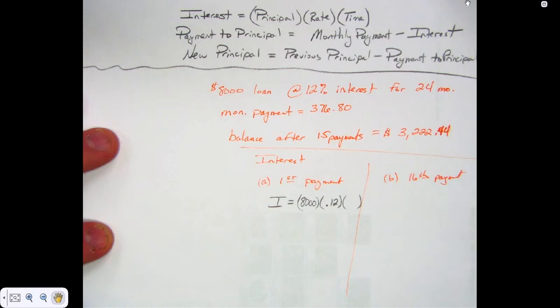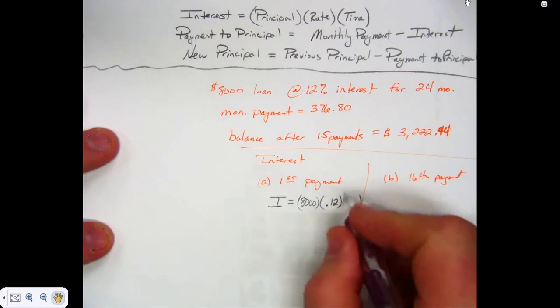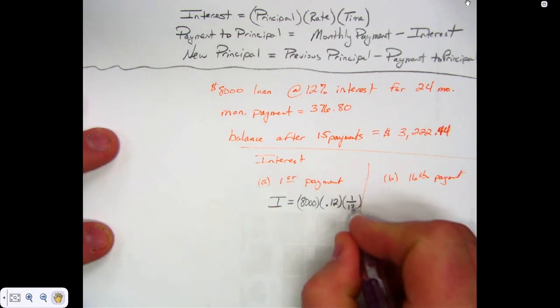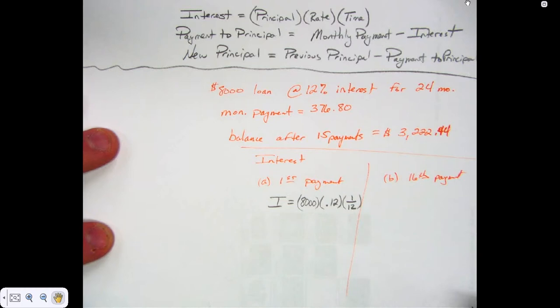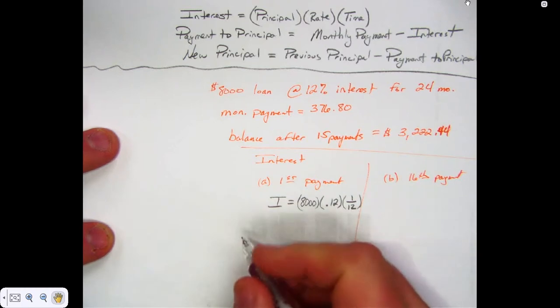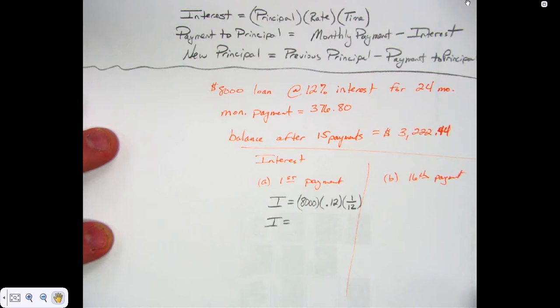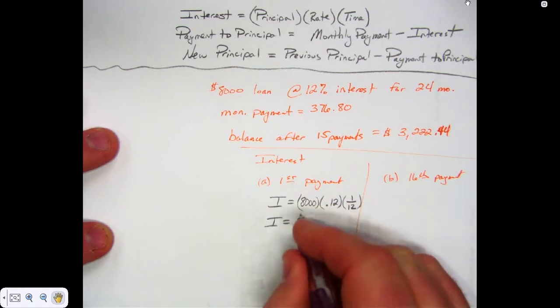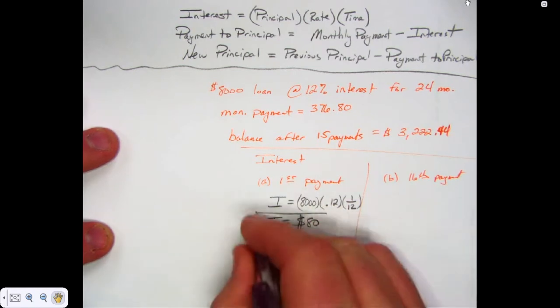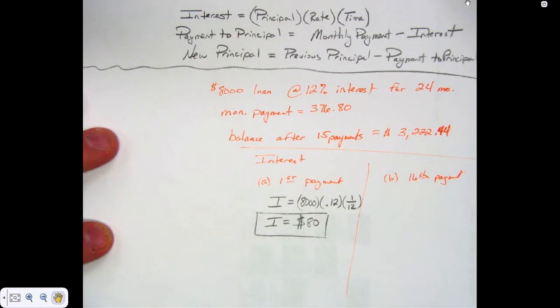So how do you write a month in terms of years? 1 over 12. Should be able to put all that into your calculator and get an answer. What do you guys get? $80 even. Yes. So that's how much interest you pay in the first payment.